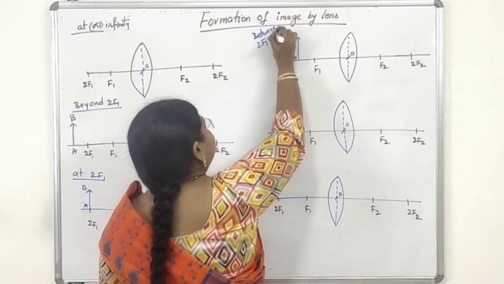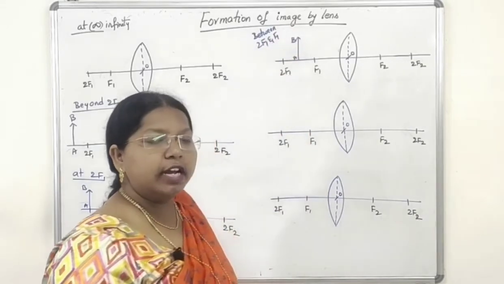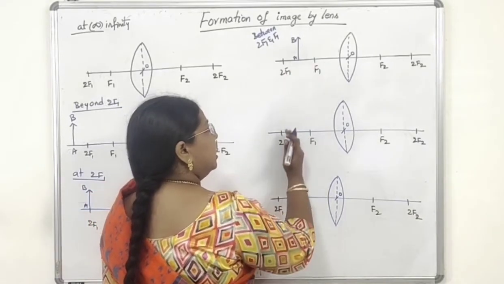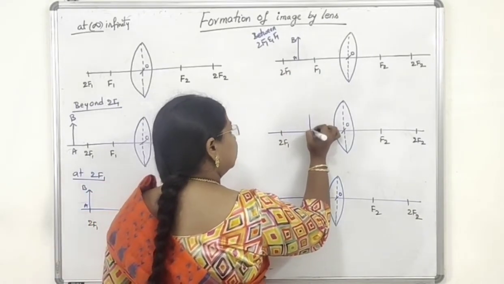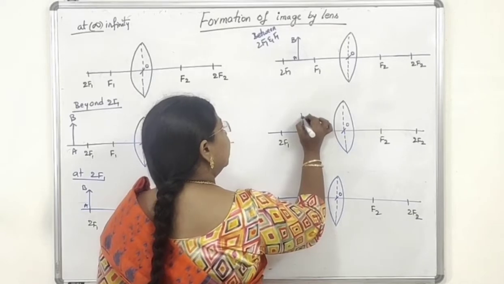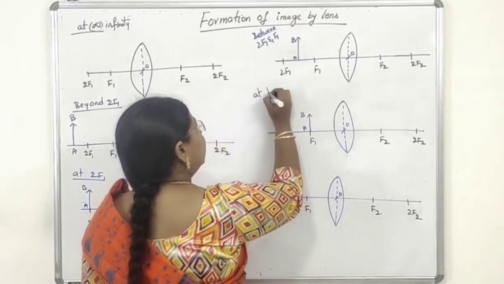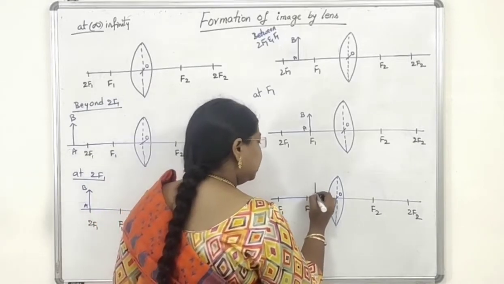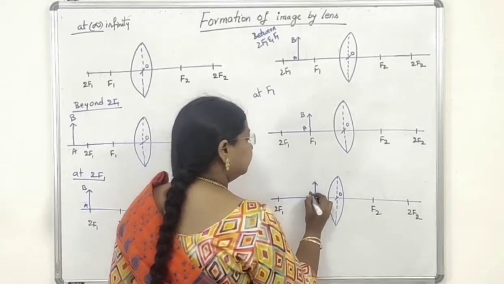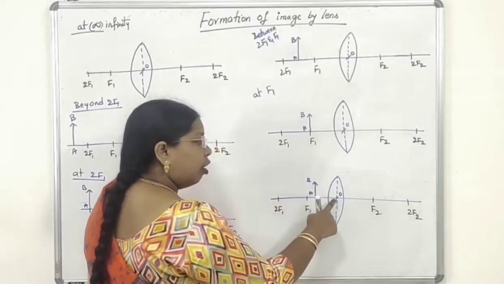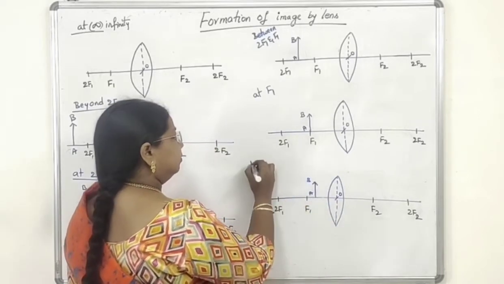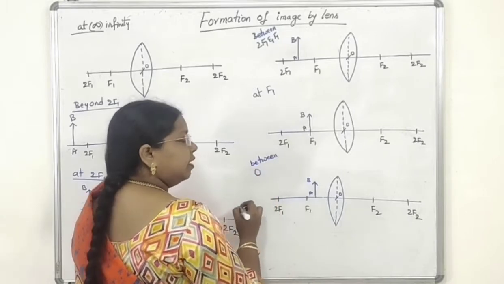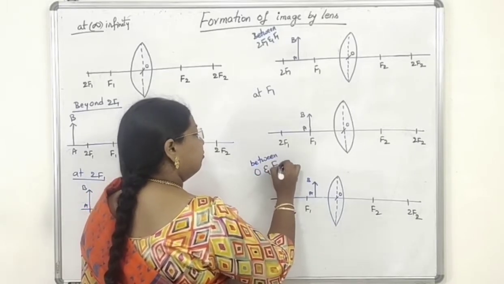Between is over. Still more, move closer to the lens: f1, same object AB at f1. Still closer, one more position is there: AB between optical center and f1.